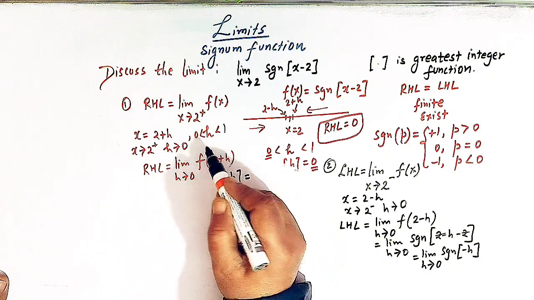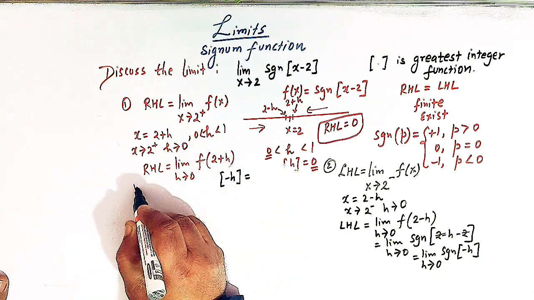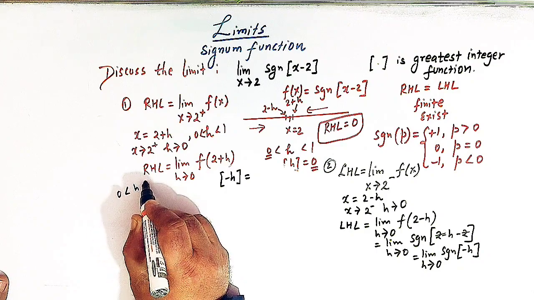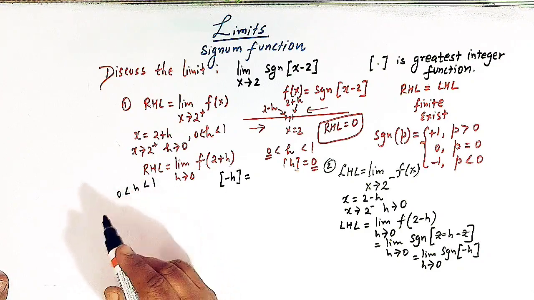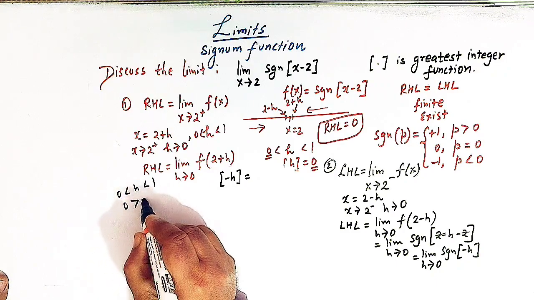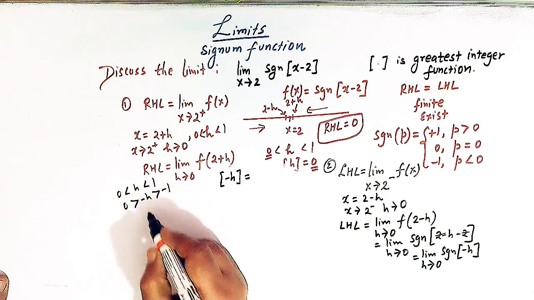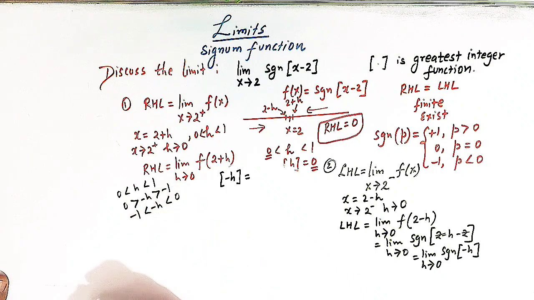So what we will do, we will make use of this inequality, that is h lies between 0 and 1. So multiplying this inequality throughout by minus 1, we have 0. The direction of the inequality gets reversed, so we can now write minus 1, then minus h, and then 0, right?